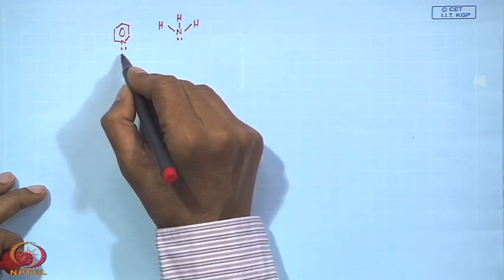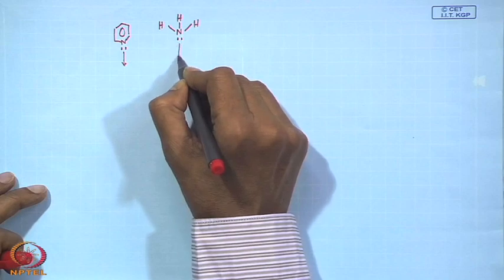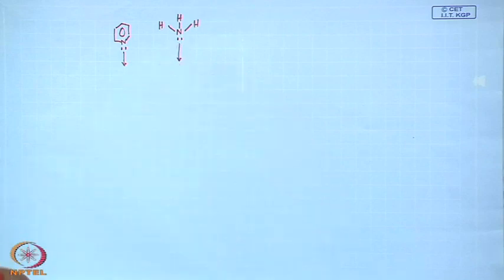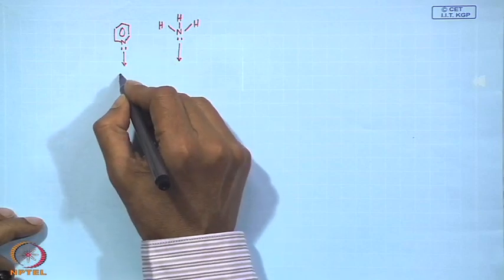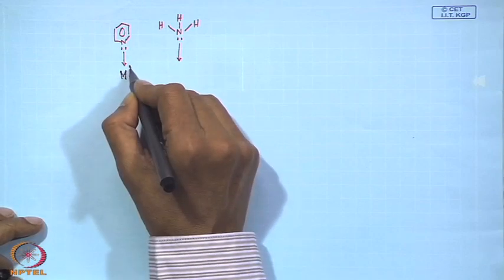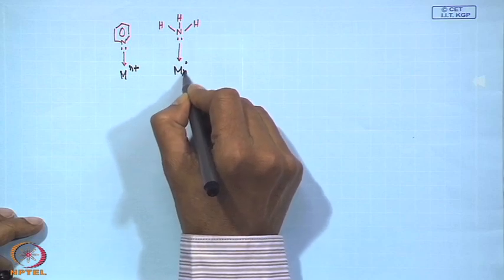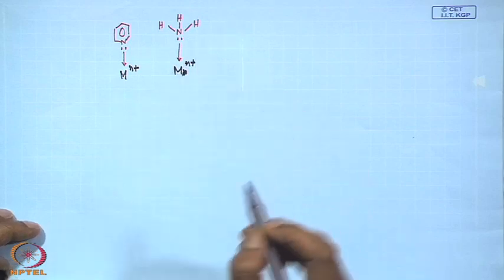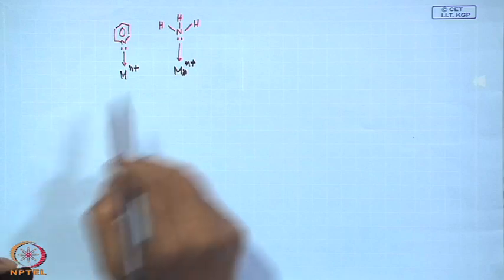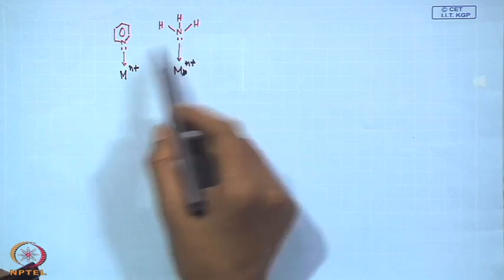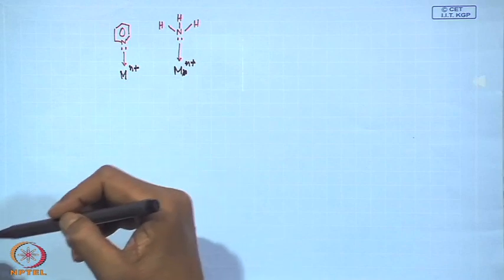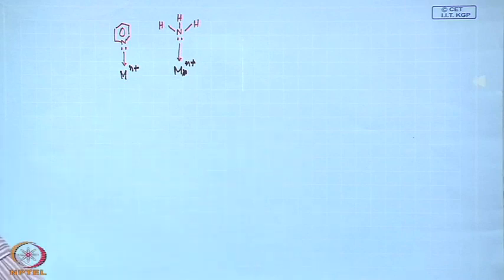So, pyridine can bind to the metal center through the donation of its lone pair of electrons. This is M n+. So, the binding of this metal is in a monodentate fashion. Both pyridine and ammonia can bind to the metal center in monodentate fashion for the formation of the corresponding complex.